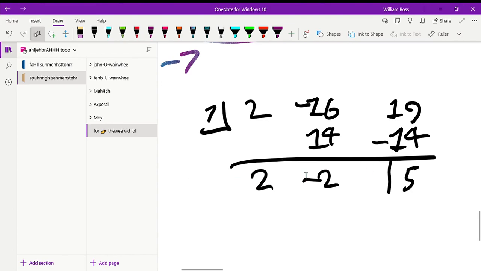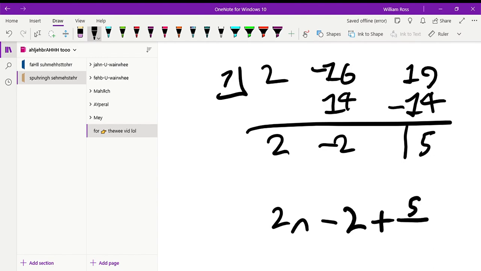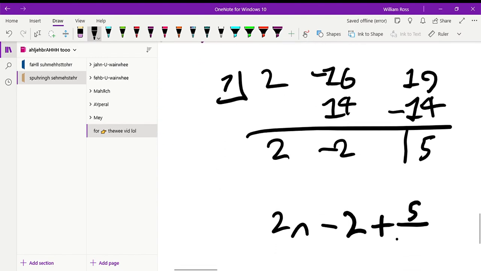It'll be number, then variable to second, then variable cube, and then so forth. So in this case, it will be 2n minus 2 plus 5 over n minus 7.